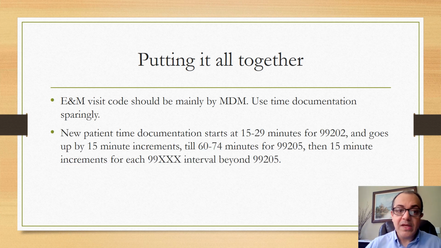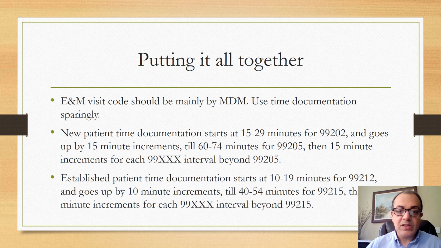So, new patient time documentation starts at 15 to 29 minutes for level 2 new patients and goes up by 15-minute increments till 60 to 74 minutes for level 5, then 15-minute increments for each extended or prolonged service code 99xxx beyond 99205.